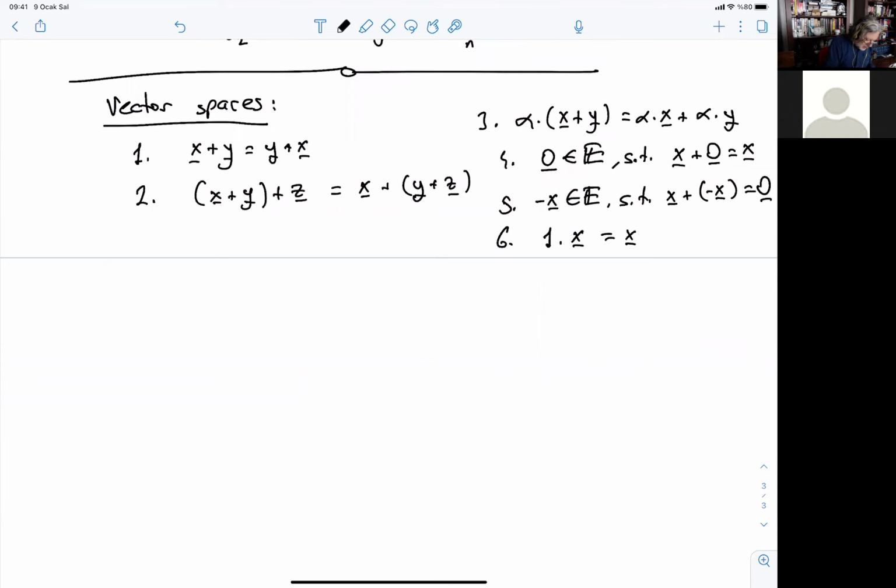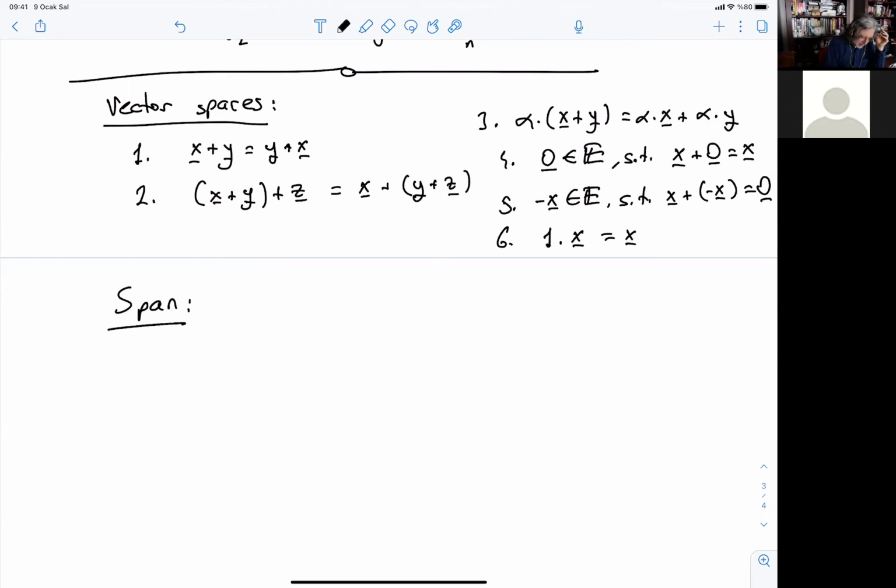The next topic that we have to talk about is span, which will lead us to the concept of basis. The span is a critical thing which gives us the set of all possible vectors in this vector space using a finite set of linearly independent vectors.